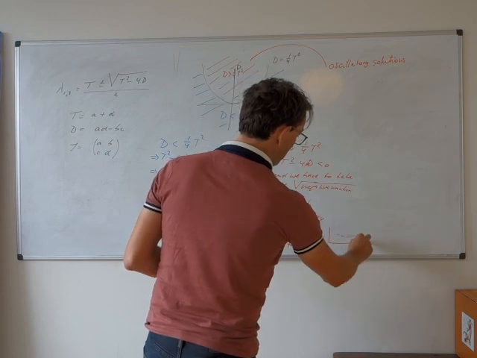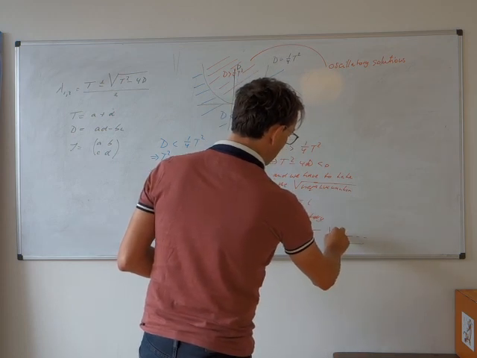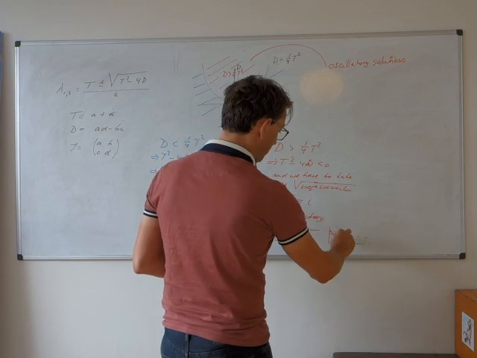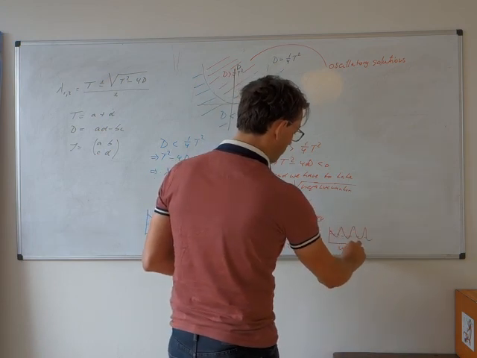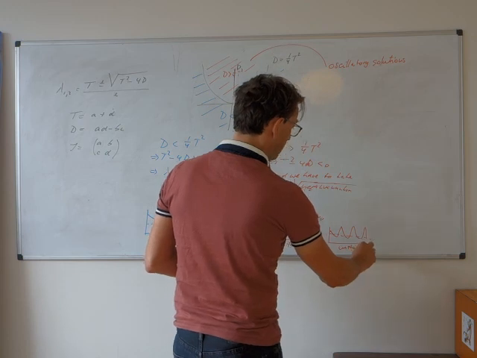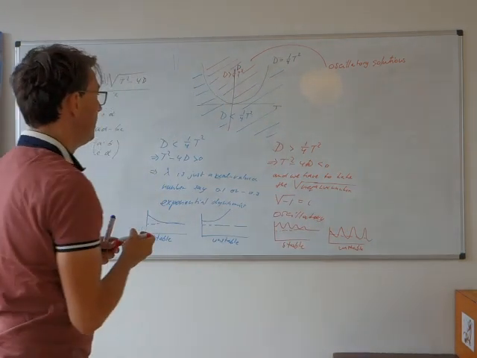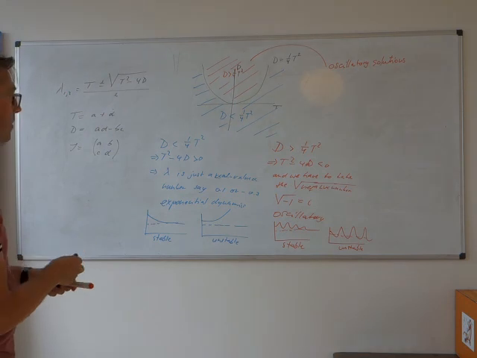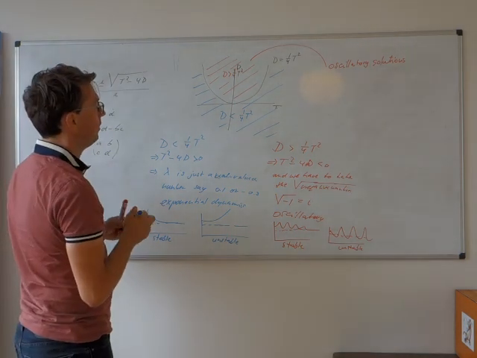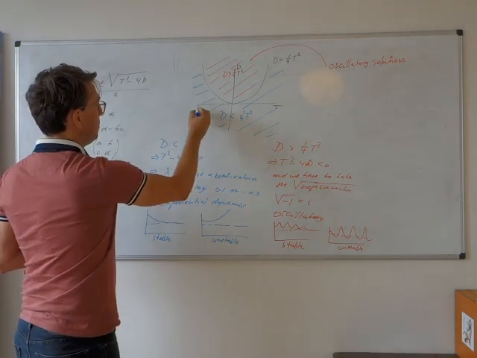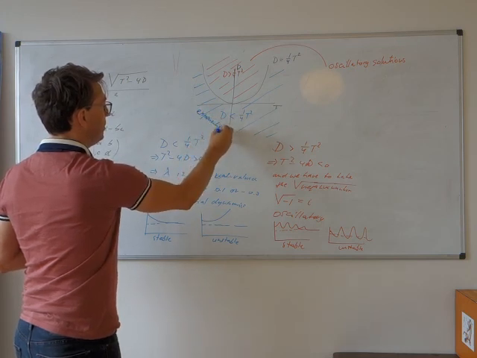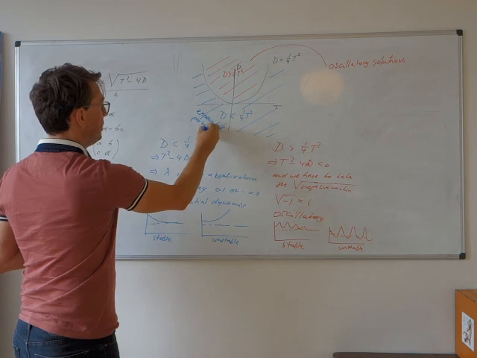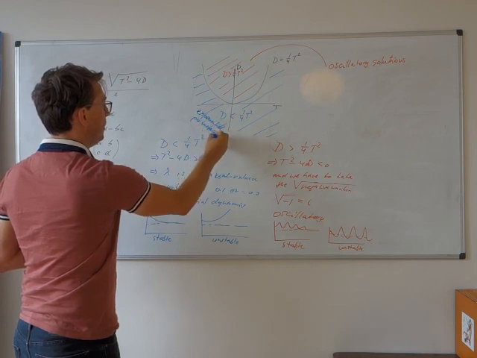But what you can also have is that if you start around the steady state, the system actually has growing oscillations and then it's unstable, right? Okay, so these are the two options here. So if d is smaller than 1/4 t squared, you get exponential perturbation decays.